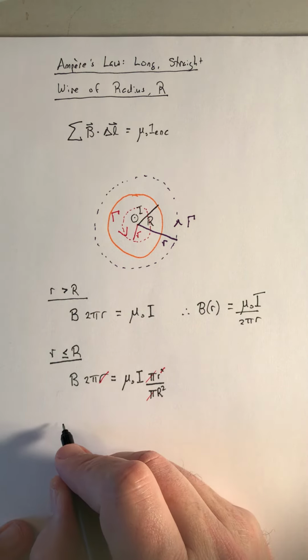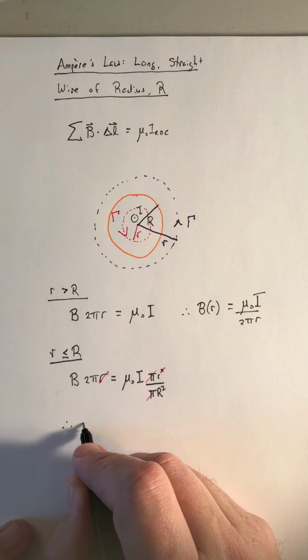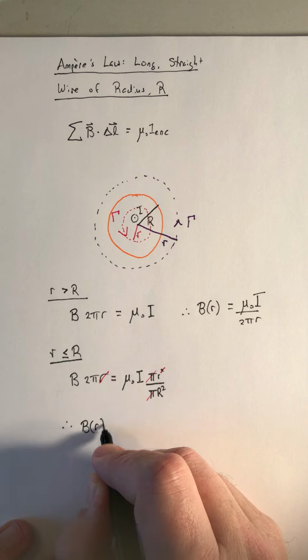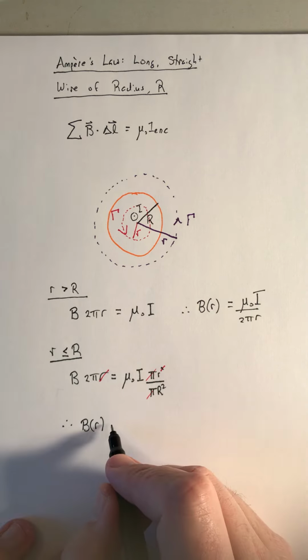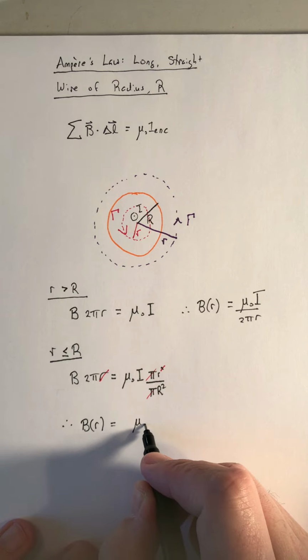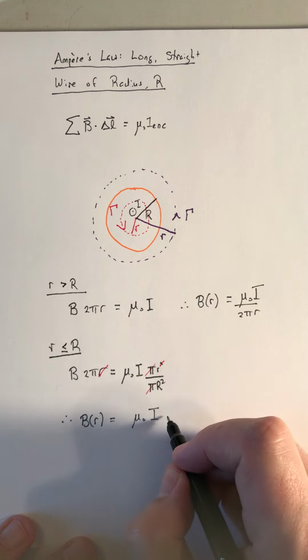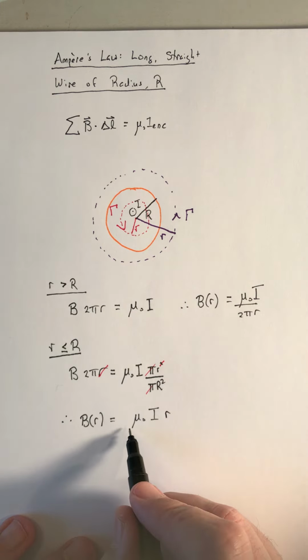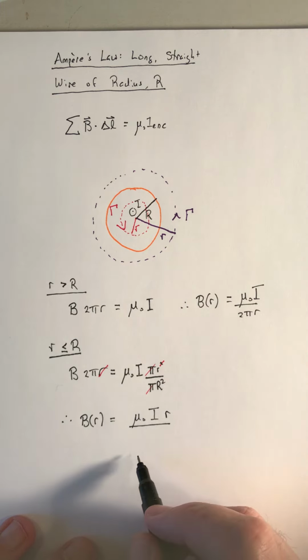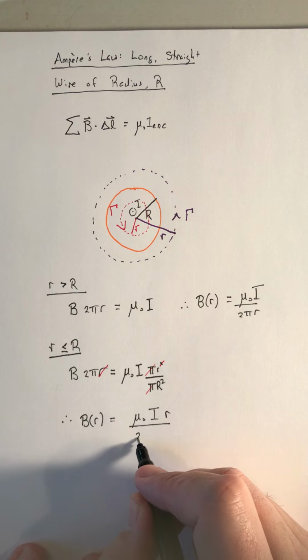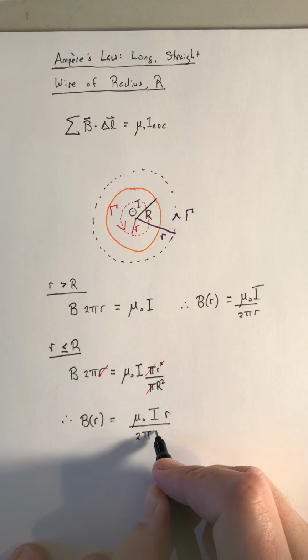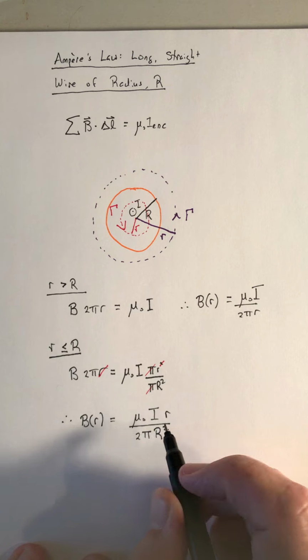That gives the magnetic field inside the wire. Mu naught times I have 1 power of little r, and in the denominator I have 2 pi radius of the wire squared.